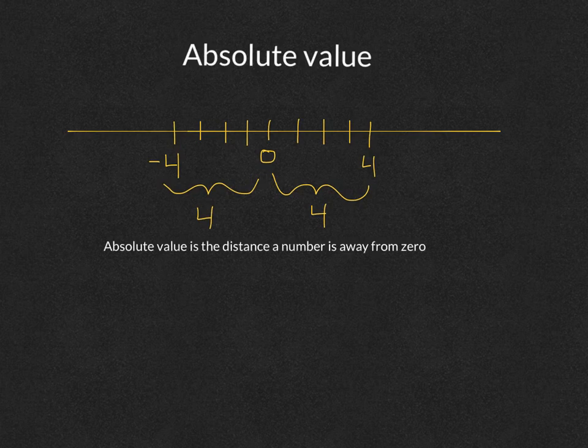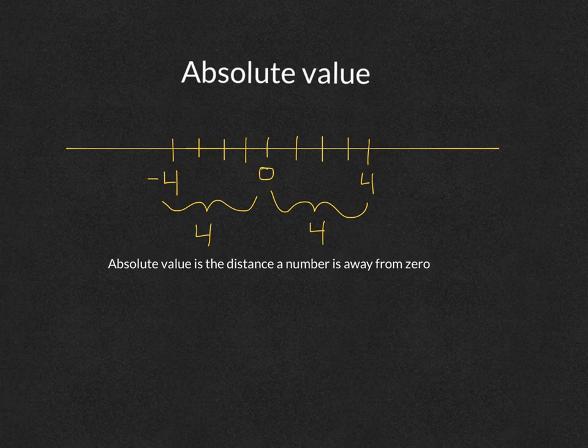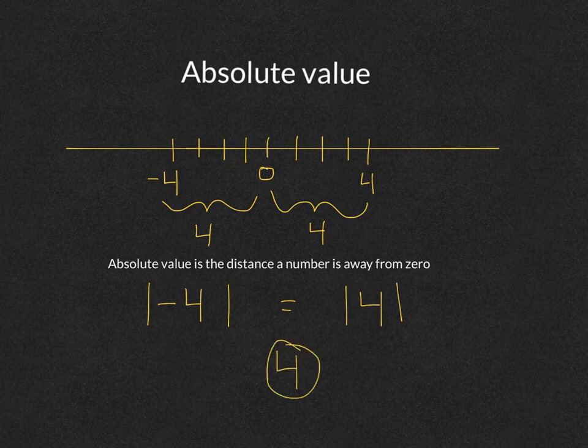So the absolute value of negative 4 and 4 ended up being the same thing. The absolute value of negative 4 and the absolute value of 4 were both equal to 4. Absolute value always has to equal a positive number.